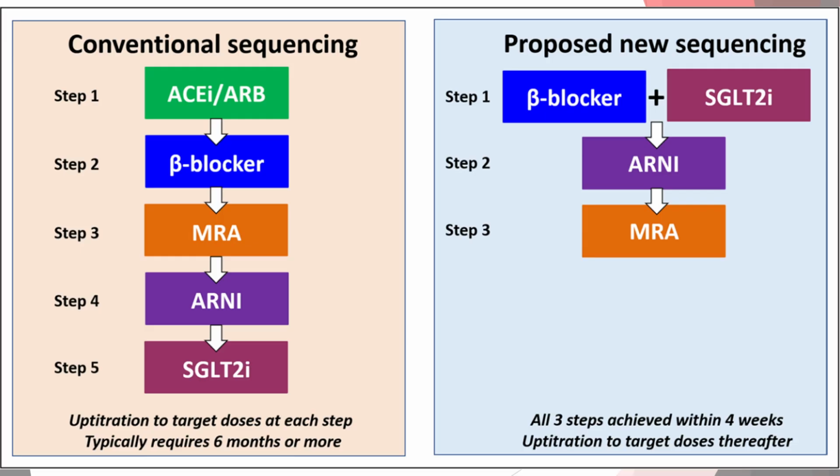And so a more aggressive start was proposed, which was initiation of usually 2 treatments as step 1, and then late in the hospitalization, starting the patient on the 3rd treatment, either at time of discharge or at follow-up for the final treatment. This is to get the patient on the 4 pillars as fast as possible.